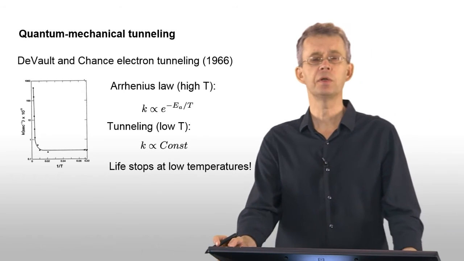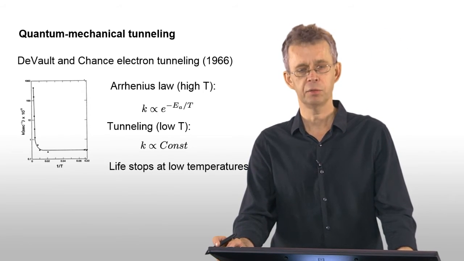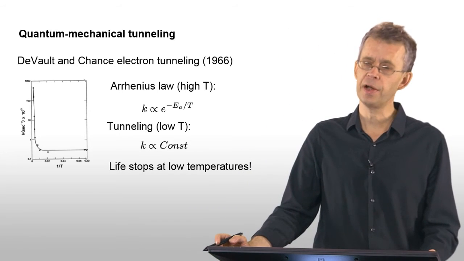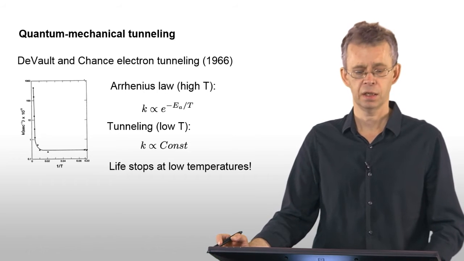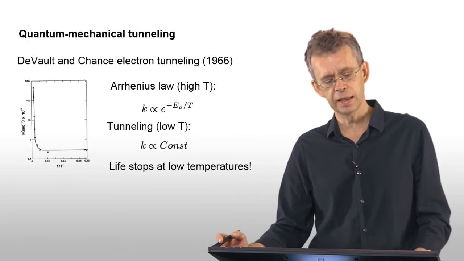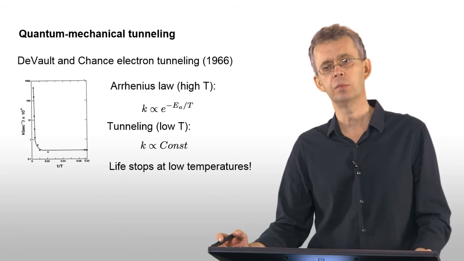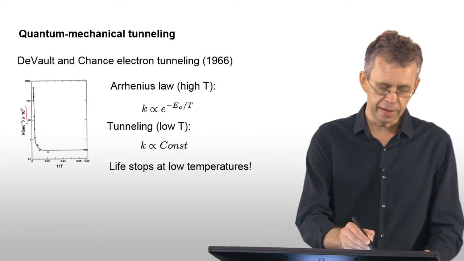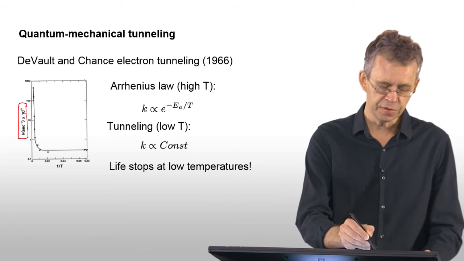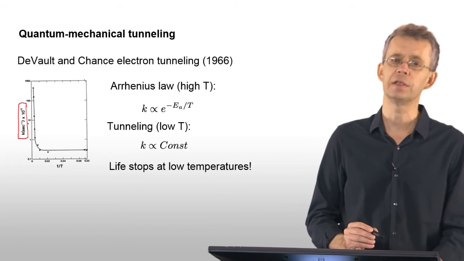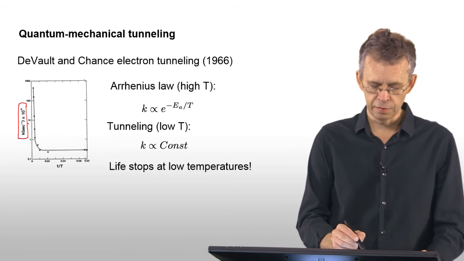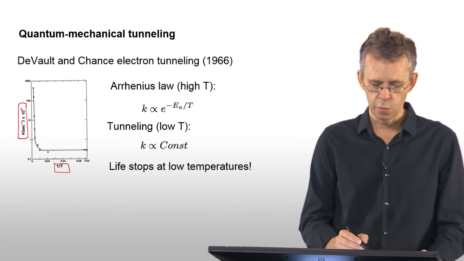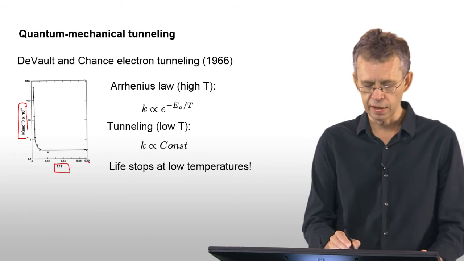Still, the question is what makes that electron move. That question was answered by DeVault and Chance in 1966. They looked at the rate of electrons moving across the membrane, and here's the plot they made from the experiment. Here you see the rate in inverse seconds, and on this axis you can see inverse temperature, which means as you cool, you go in that direction.